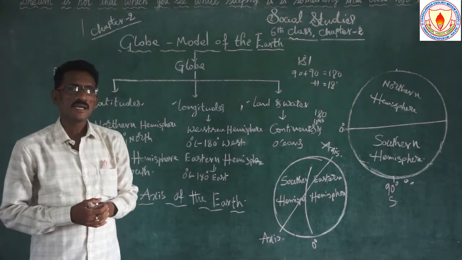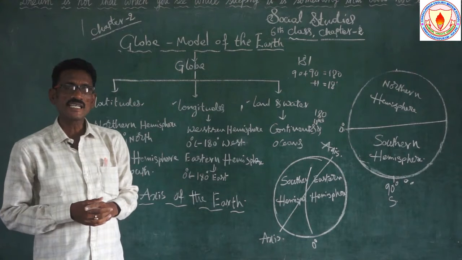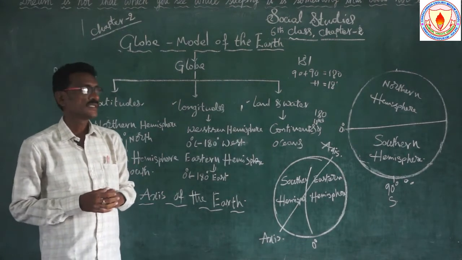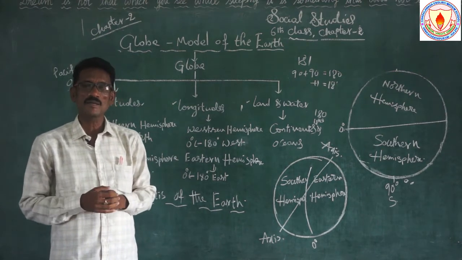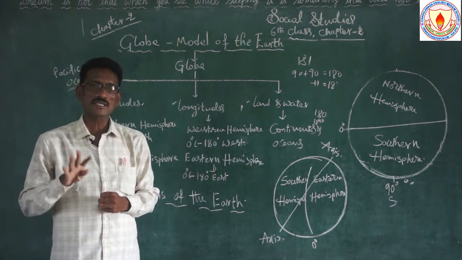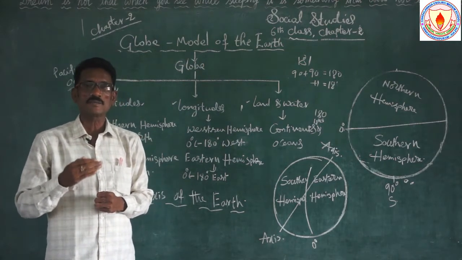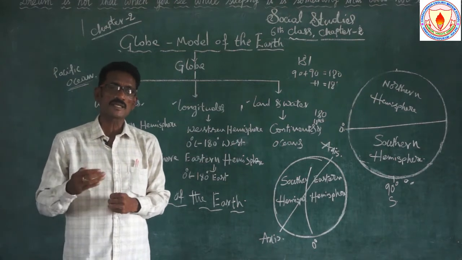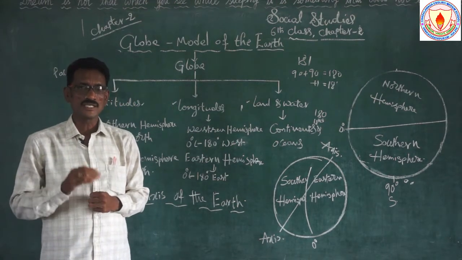See here, the earth is divided into 7 land masses and 5 water bodies. The main water bodies are 4. The other water body is the southern parts of the Pacific, Atlantic and Indian Oceans, together called the Southern Ocean.